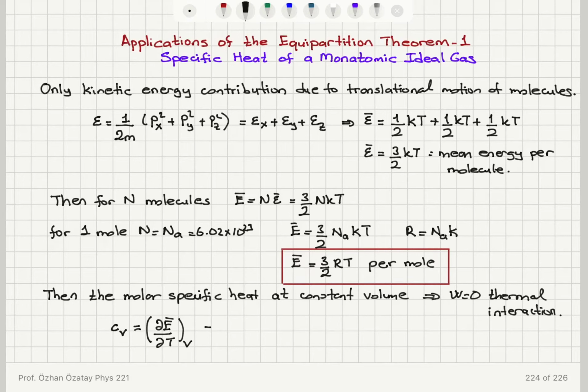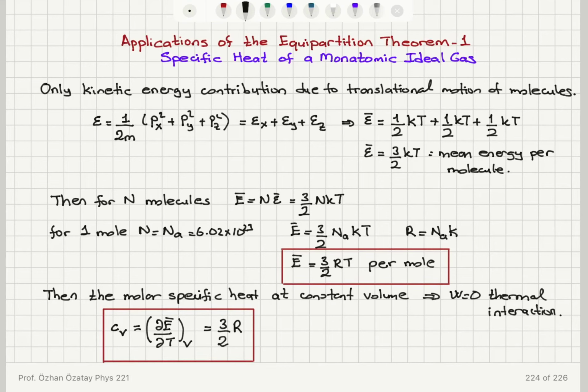So this will be equal to 3 over 2 R. So we find that the molar specific heat of a monatomic ideal gas is equal to 3 over 2 R at constant volume. So this is the first application we will talk about.